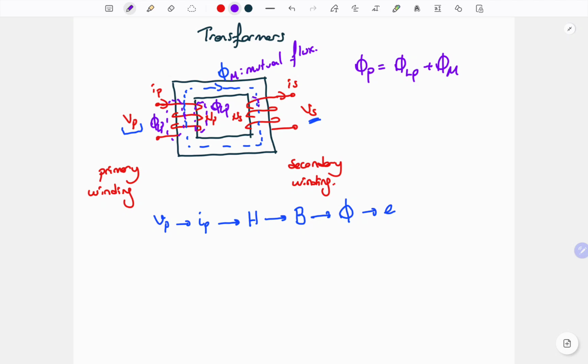Similarly, for the secondary side, some of the flux must rotate around the winding, and we can call it as phi LS. So for the secondary side, total flux can be written as the leakage flux and the mutual flux.